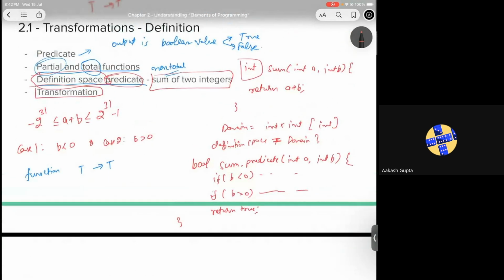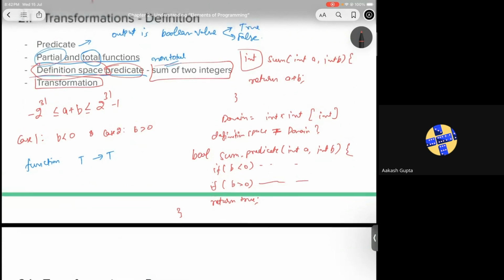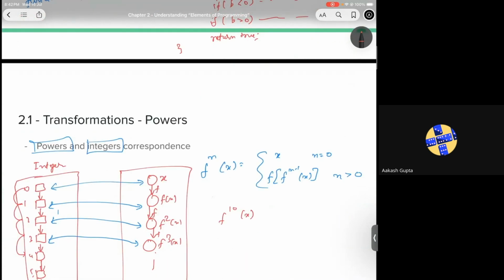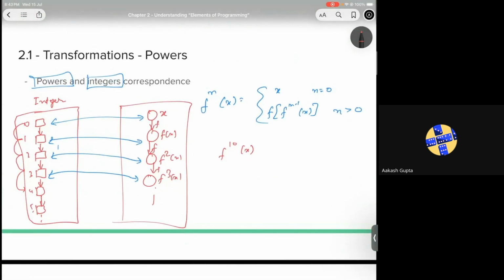And we covered one example of a plus b, the sum of two's complement 32-bit integers, and how to write their definition space predicate. Next, we covered transformations and their powers, and we established the correspondence between integers and powers. Basically, computing nth power is equivalent to going to the nth integer from 0.